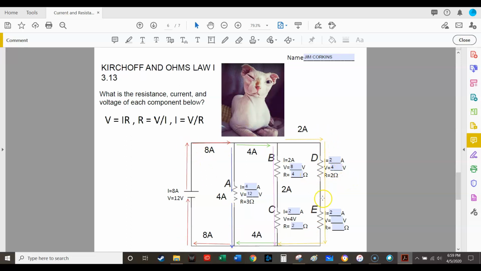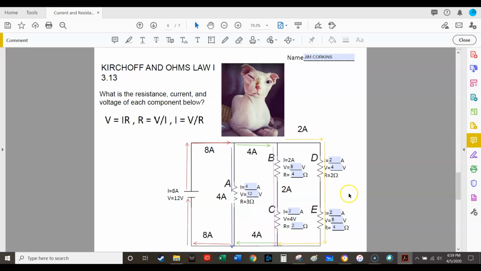So that means this is also going to be 12 volts. 4 of the volts is there. That means this has to be 8 volts. 8 volts divided by 2 amps is going to be 4 ohms.